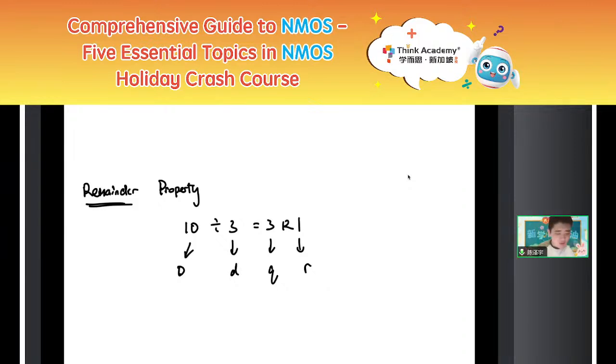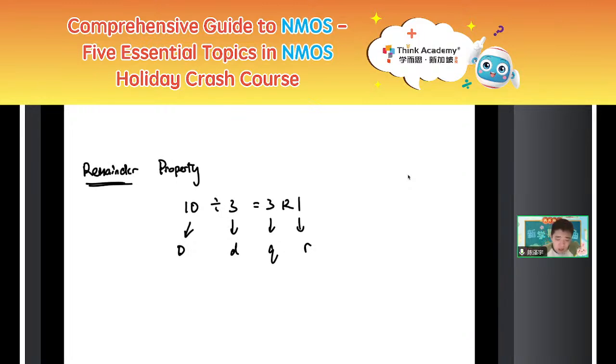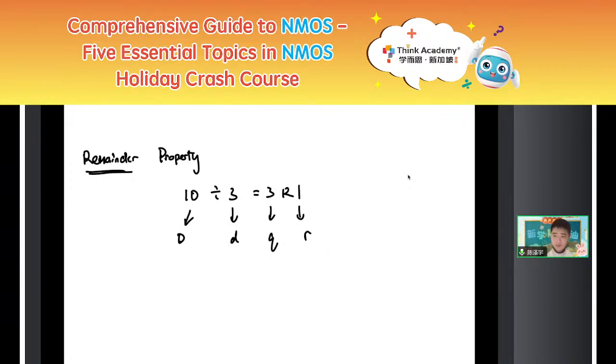I'm kind of lazy to write all of them down, but yes, here are the four things. Now, the basic remainder property is about the relationship between the dividend, divisor, quotient, and remainder.